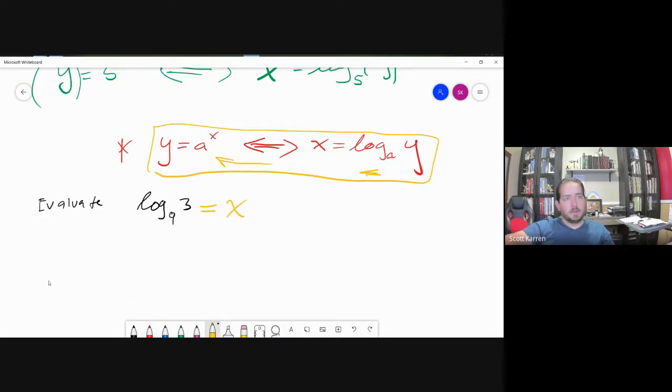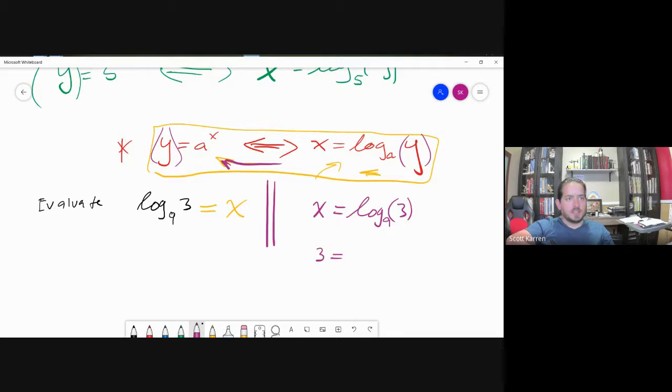I'll write it as x equals log base 9 of 3. Because now I can go backwards and write this with the 3, which is in the log here, isolated on the left-hand side.